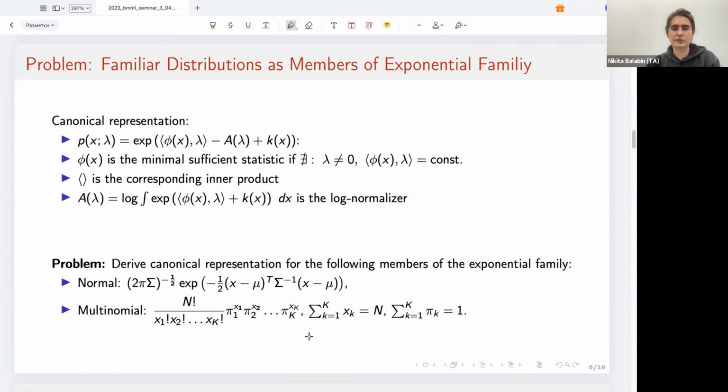And please notice that for the multinomial distribution, we have this constraint, and we should use the minimal sufficient statistics. It will be important for you when you construct the representation.